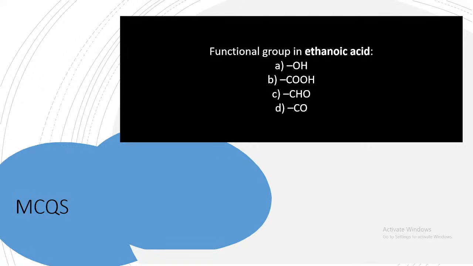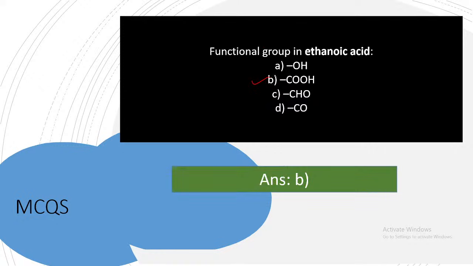Okay. The functional group, this one we have already discussed. The functional group present in ethanoic acid will be OH, COOH, CHO or CO. Yes, those who have said option B, that is the correct option.